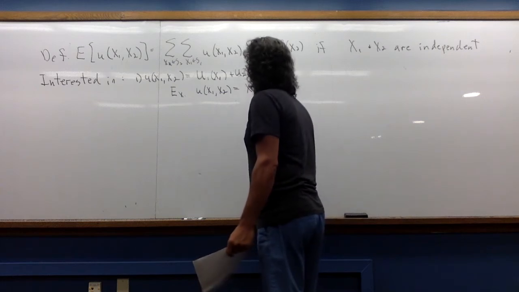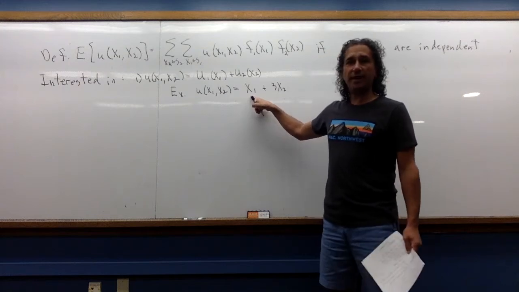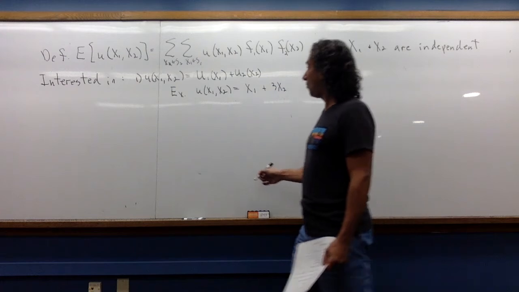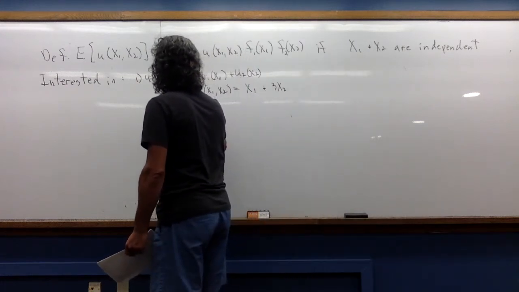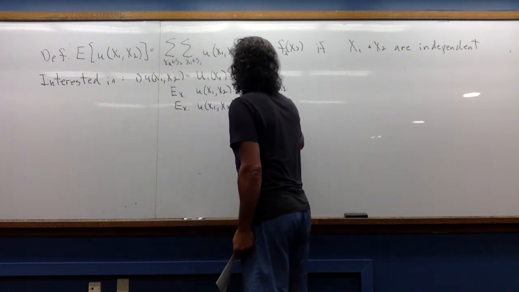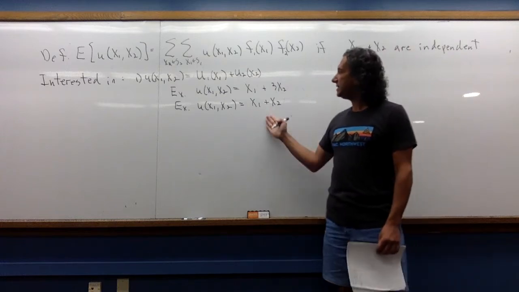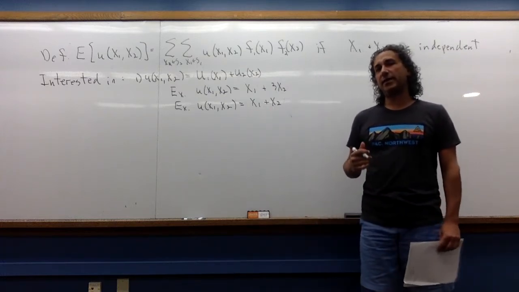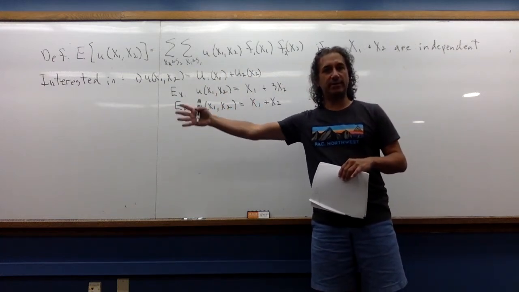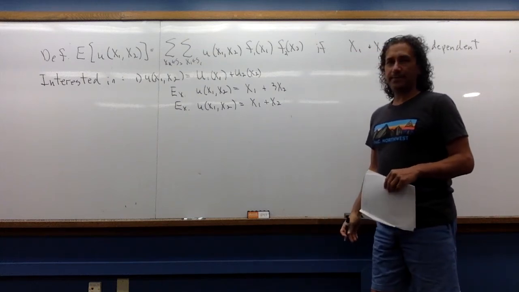I'm writing x2 instead of x1. That's an example because this guy's a function of x1, and this guy is a function of x2. And in fact, more to the point, as a second example, the one that we're actually really going to be using is x1 plus x2. And I'll even tell you why. The reason is when we compute the expected value of x bar, remember we had x1 plus x2 plus x3 plus x4, et cetera, that's going to be related to this. So that's one thing we're interested in.